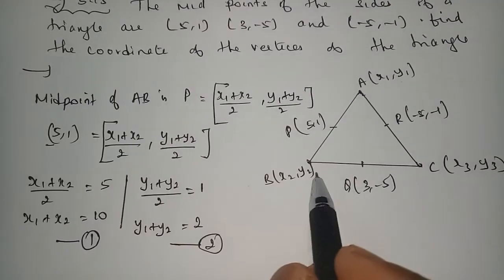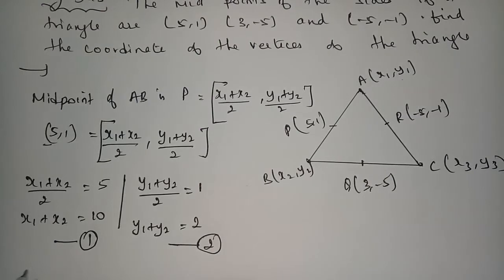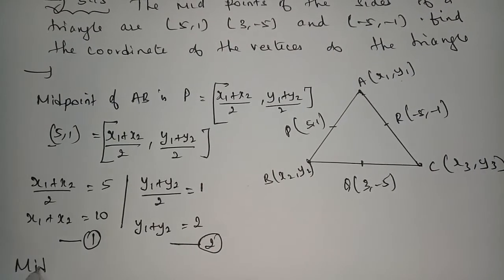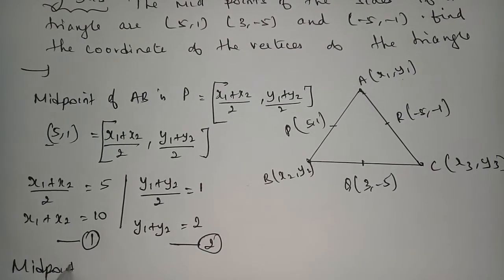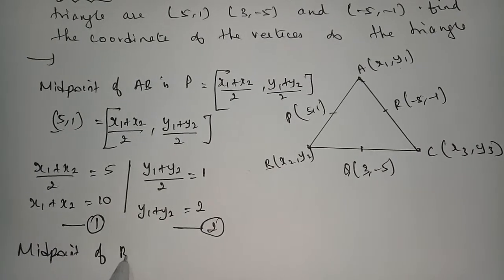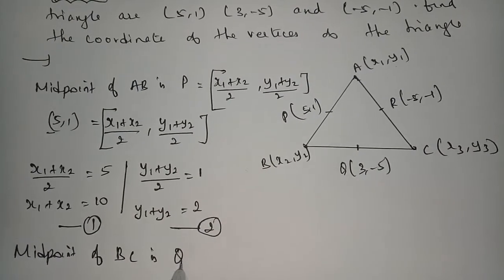Same thing you need to do for the midpoint of BC, which is Q, (3, -5).